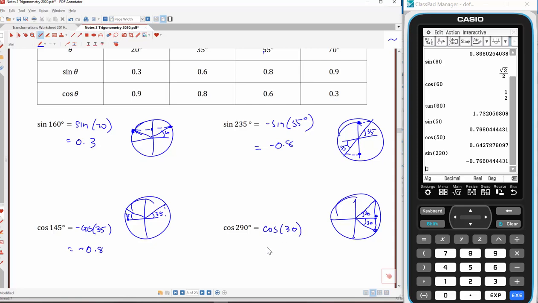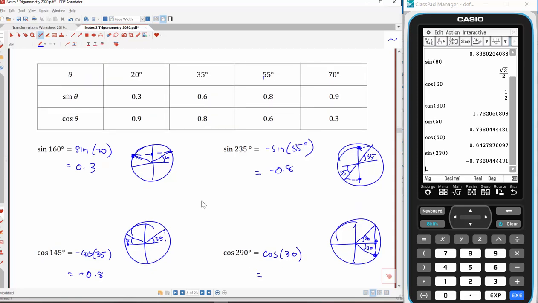Ooh, no, it's not. Oh my God, I've got that totally wrong. 290 plus 70 is equal to 360. So that's 70. This should be 70 here. And it just so happens that they've given us 70. That's 0.3.